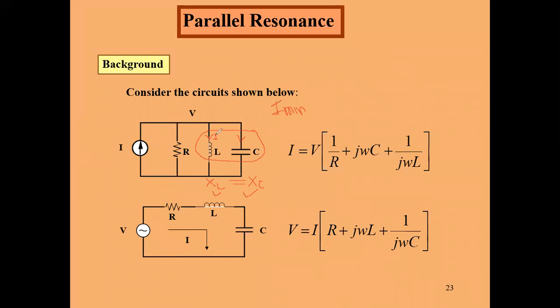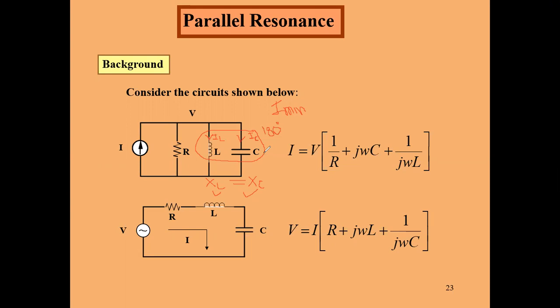The current flowing through the inductor is IL, and the current flowing through the capacitor is IC. These two currents are the same in magnitude, but they are 180 degrees out of phase, opposite to each other.